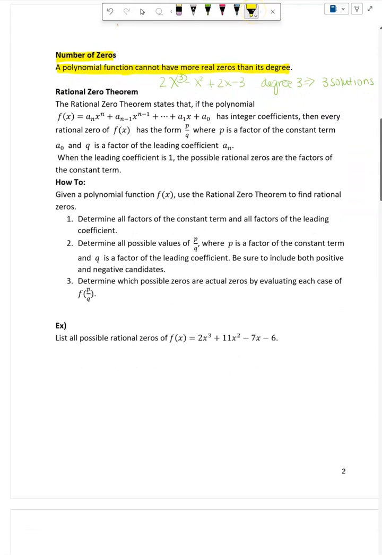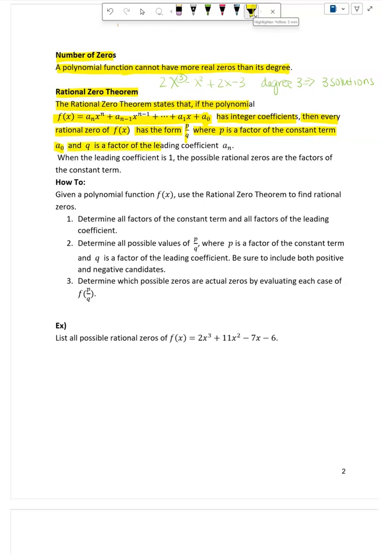Okay, now let's look at the rational zero theorem. The rational zero theorem states that if a polynomial, and this is just the math definition of a polynomial, okay, it just means any coefficient in front of x to any number, and then it just descends in order, has integer coefficients, then every rational zero of f of x has the form p over q, where p is a factor of the constant term, a naught, that's back here.